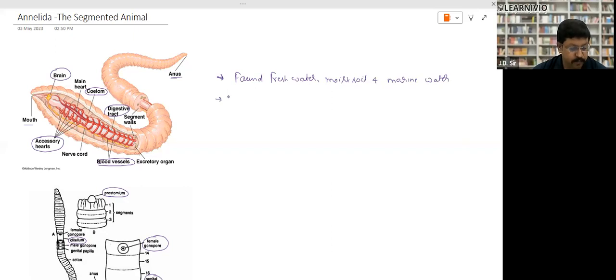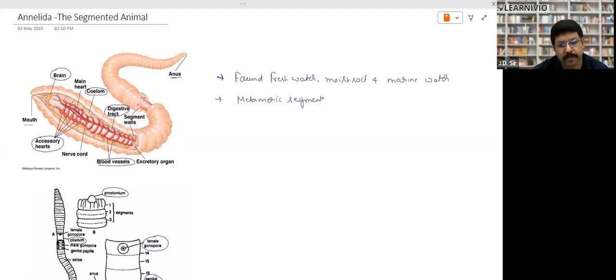Next thing, the annelids have metameric segmentation.